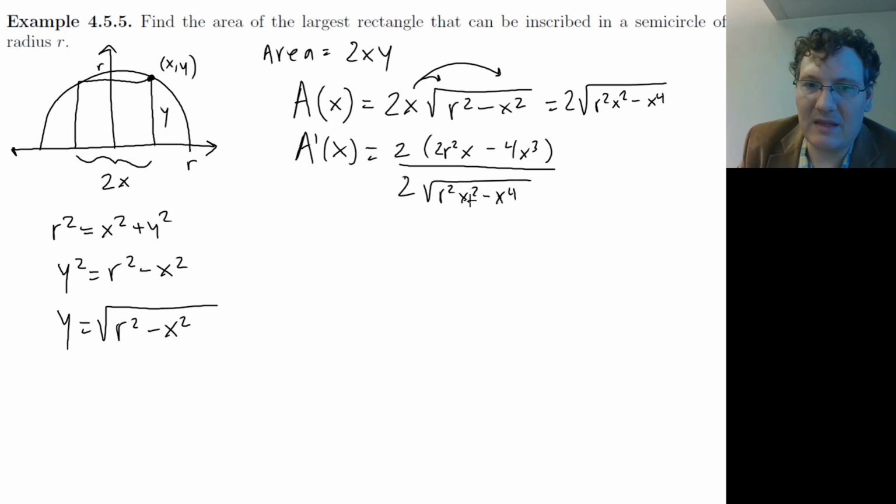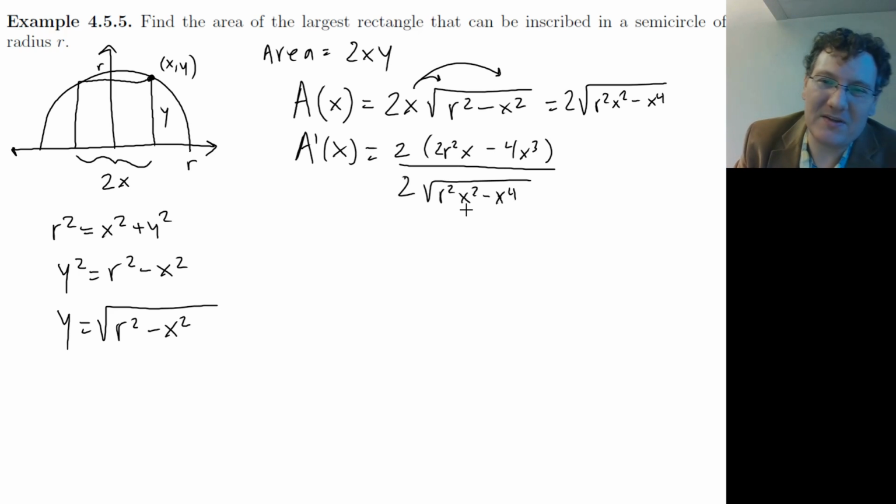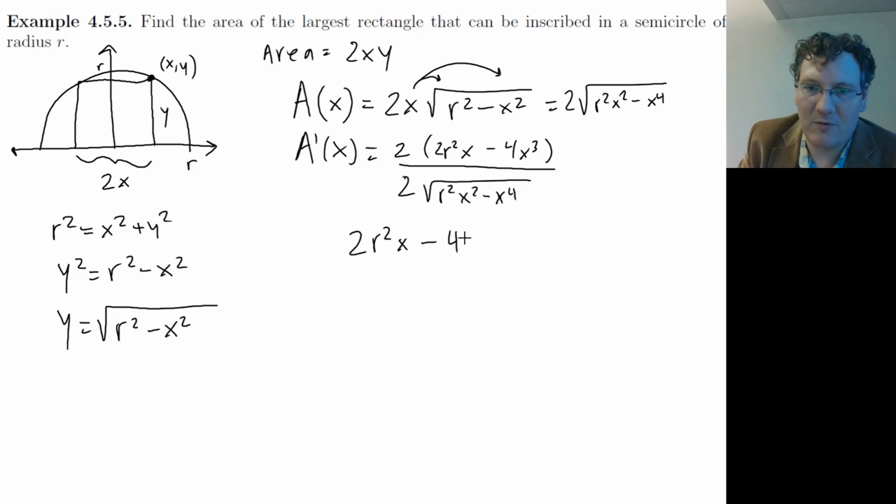And now remember, the first derivative is only 0 when the numerator is 0, so I don't really care about the denominator. Let's just write 2r squared x minus 4x to the third equals 0 and solve this. I'm going to factor out a 2x, and get r squared minus 2x squared equals 0.